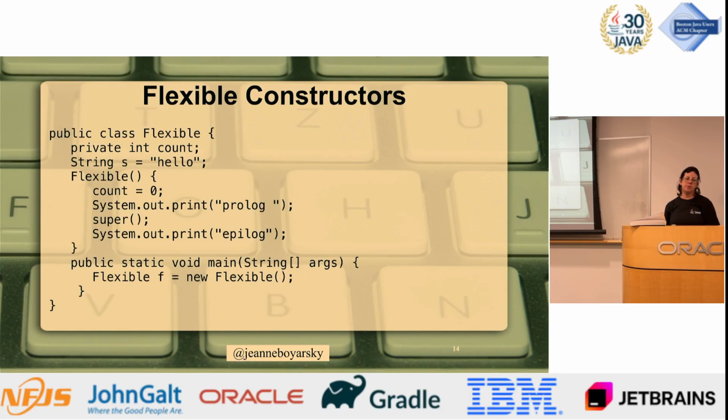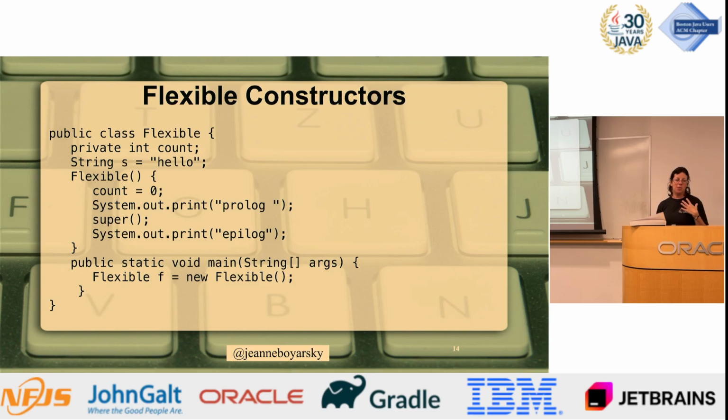Next up, we have flexible constructors. This one's a little more useful to the experienced folks. So if you were thinking the previous one was a parlor trick, this one you might use in your actual day-to-day life. With constructors, we all know that the first line of a constructor has to be super or this or implicit super.